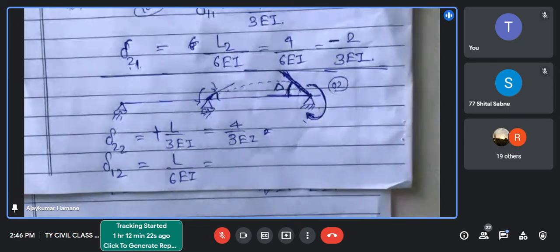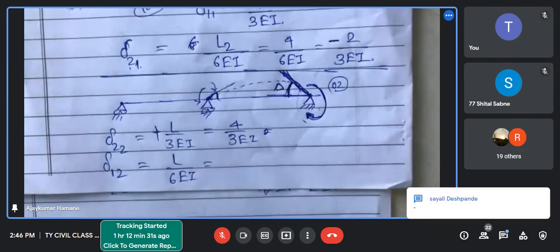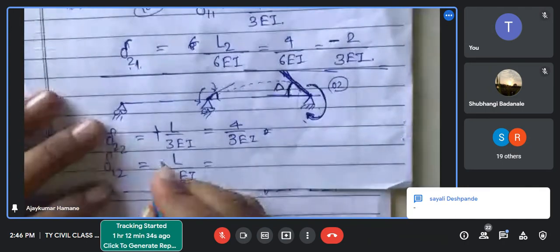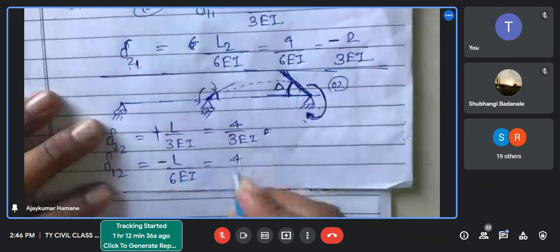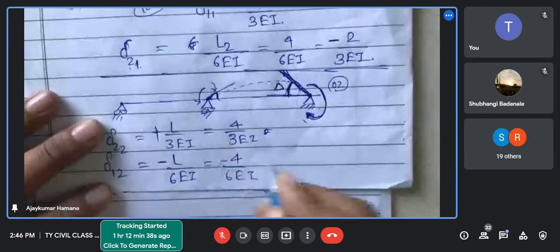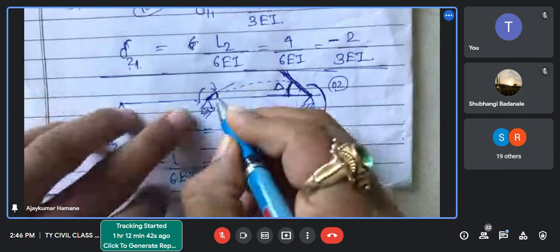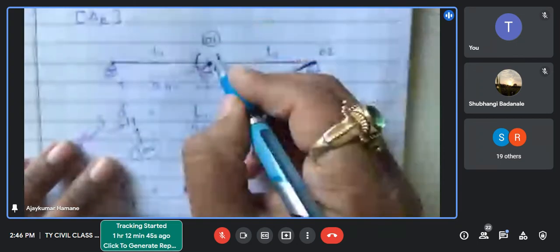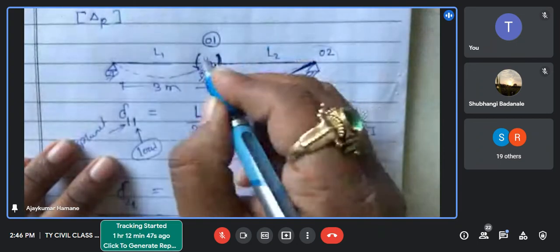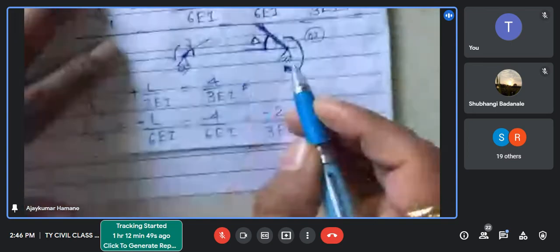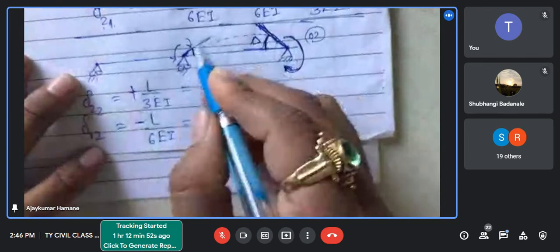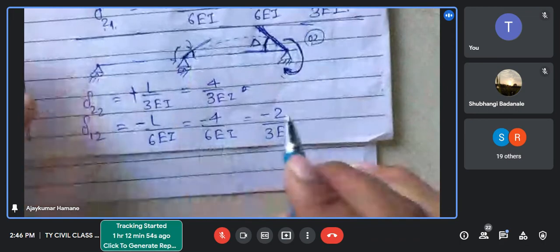Plus or minus? Minus. It is minus 4 divided by 6 EI, which is minus 2 divided by 3 EI. Why minus? This is an upward slope, but our coordinate is downward. Due to this moment we have an upward slope, so that's why it is minus.